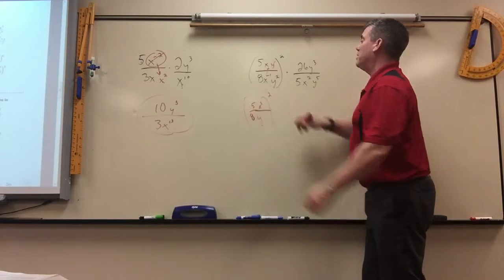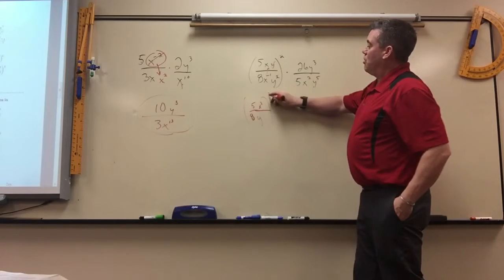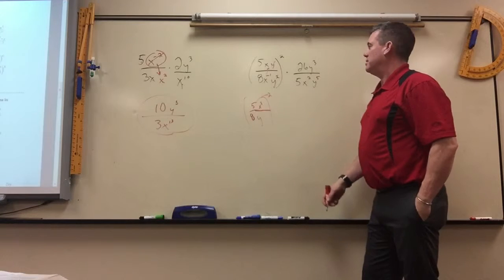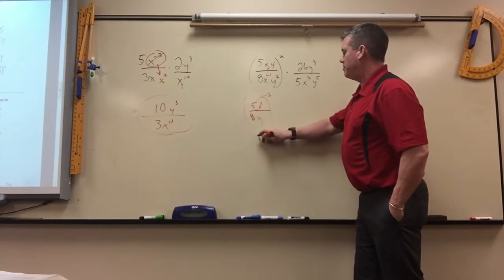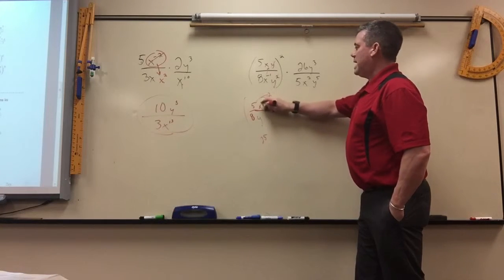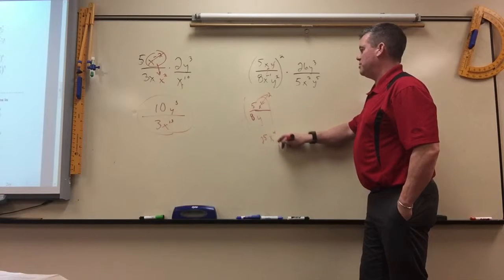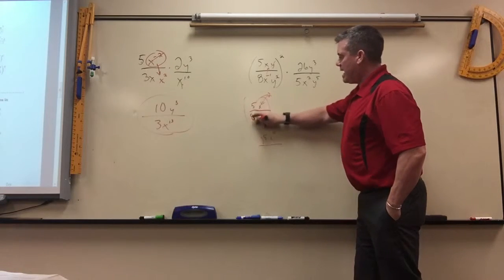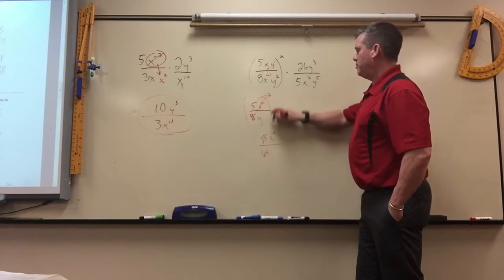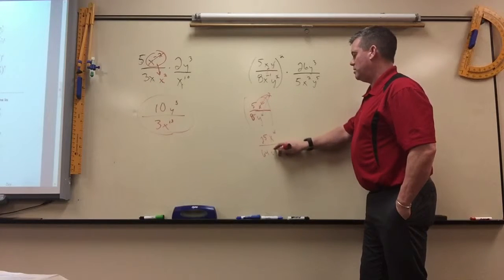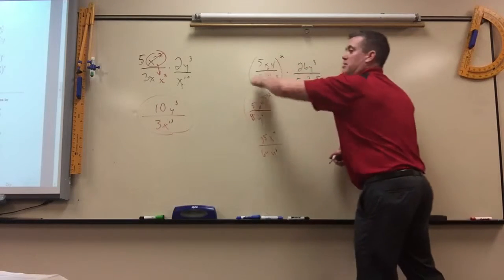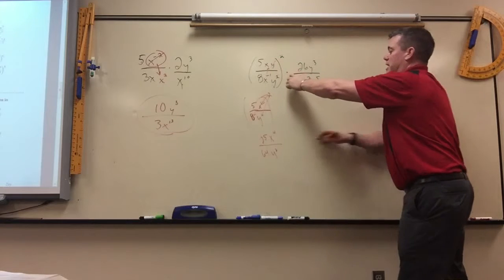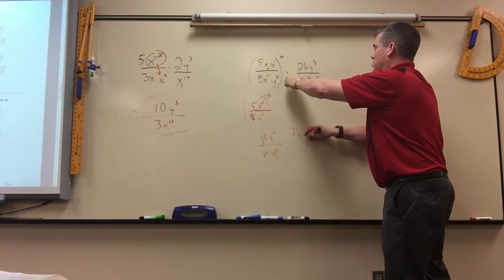Now you can square it. So 5 squared is 25. X squared squared is x to the 4th. 8 squared is 64. And then y squared. So now that I've done the exponents, then you take it times this.